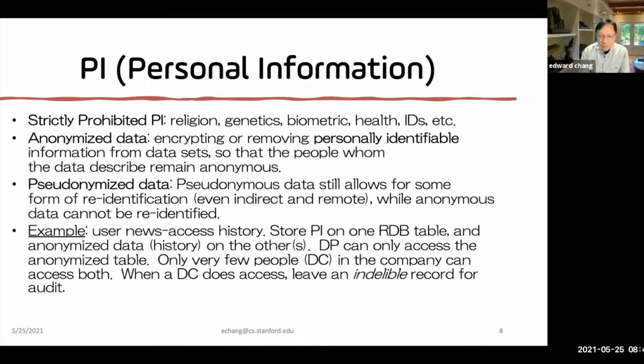And the auditing process must be transparent and must be trusted. And all the actions done by this DC also need to be provable, right? So you say, yeah, I did this and that, but that's your verbal claim. But when the FCC audits a company, they want to see provable evidence.